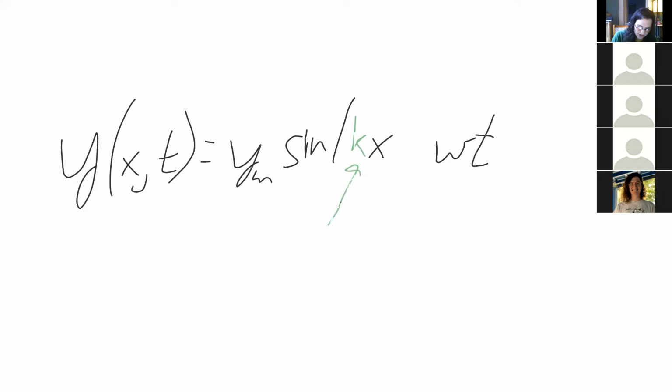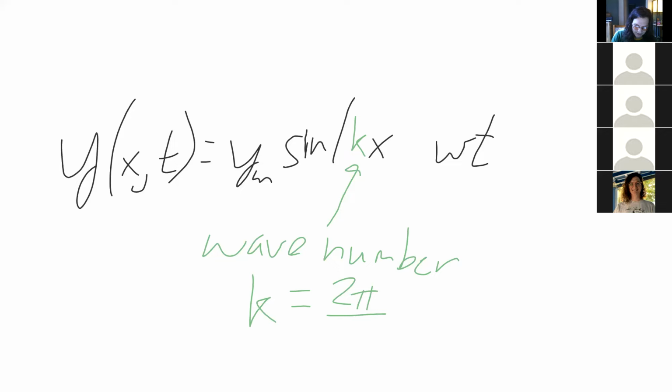And this K is called the wave number. And we're going to have some equations that have to do with the wave number. The one that I'll go ahead and give you is that this K relates to the wavelength with K equal to 2 pi over lambda.